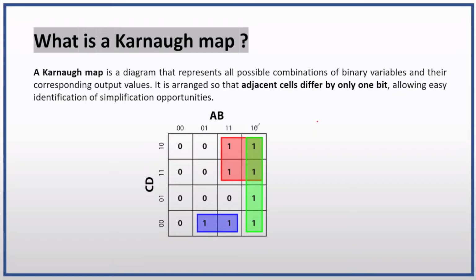It is presented horizontally, and vertically you can see the combinations of C and D. Therefore, overall, as there are four inputs, there should be 16 possible combinations of inputs.